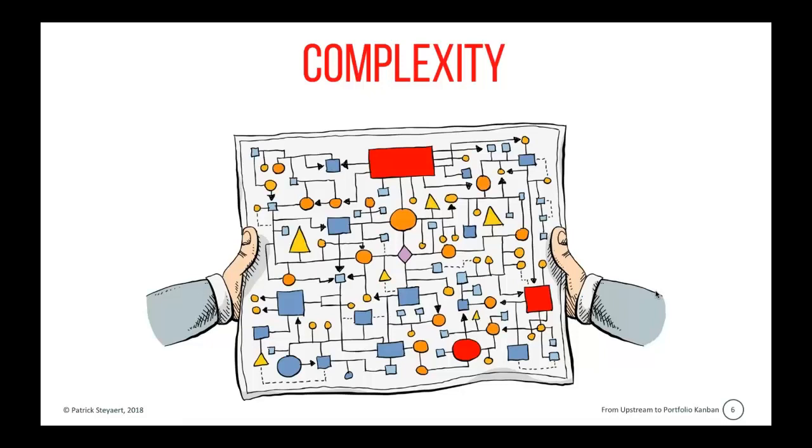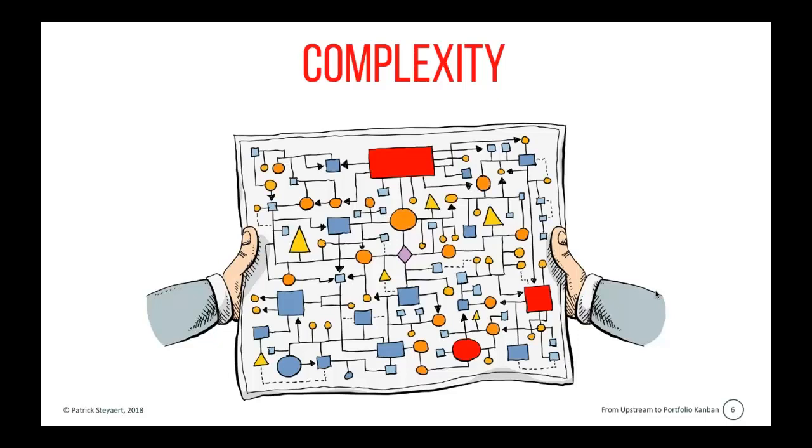So there are many people that are involved in supplying a solution. There are many people involved in developing a product, and sometimes the supply side might be quite complex.